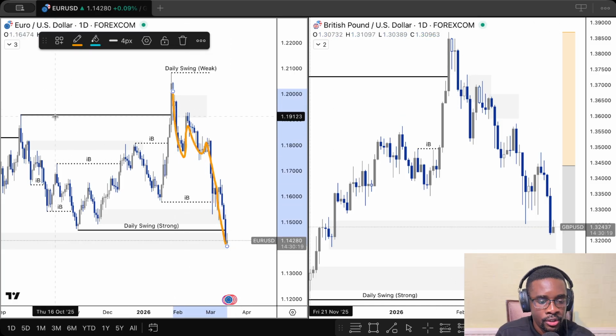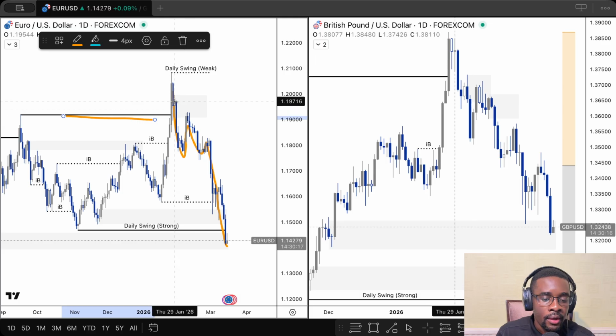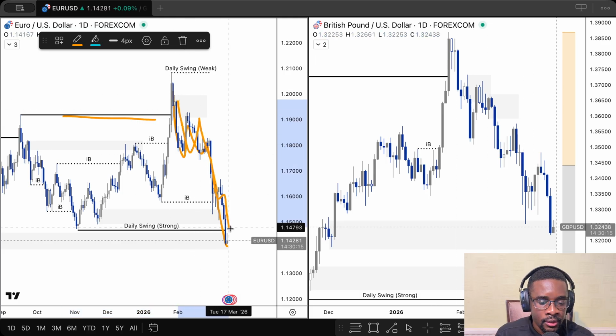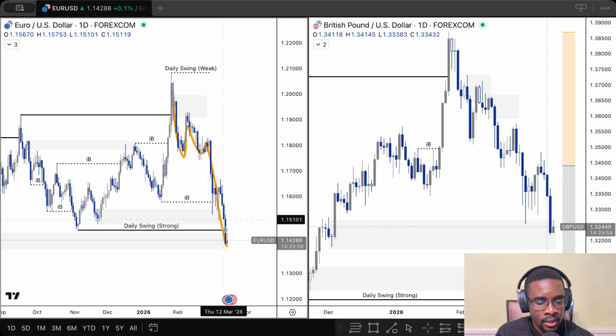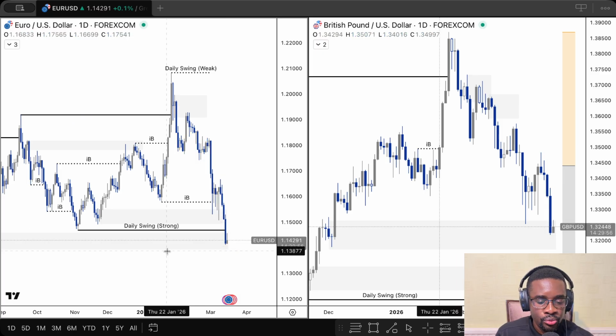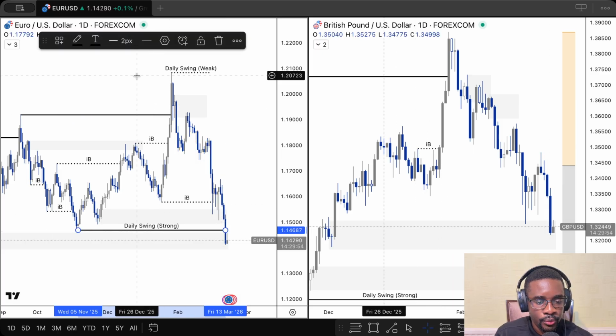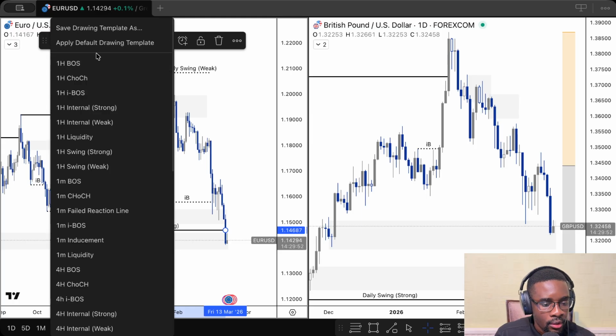Okay, so we've been bullish. This was our last bullish break of structure, and then we've been having this internal pullback, and then now on Friday, price continued until we broke that strong daily swing low with the close, and that means we now have a new break of structure to the downside.